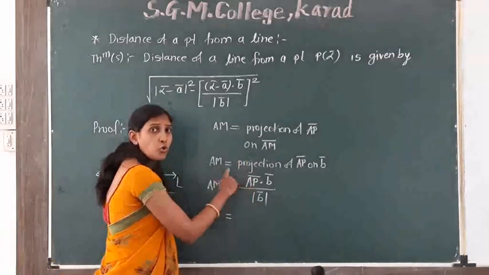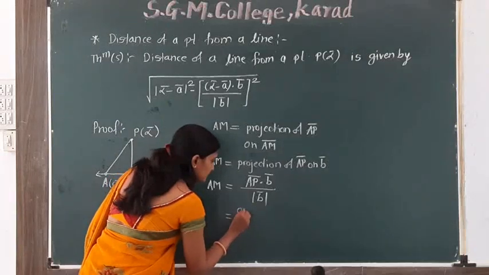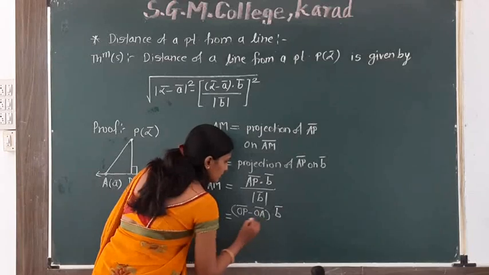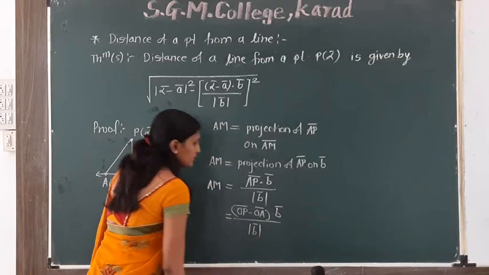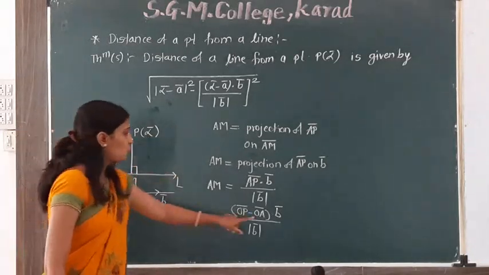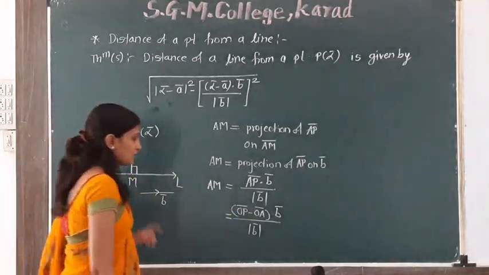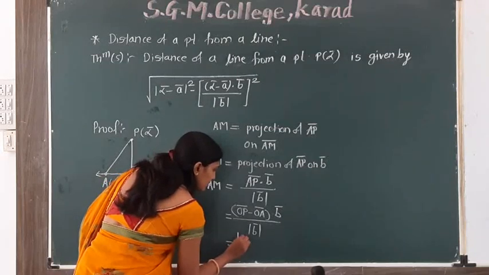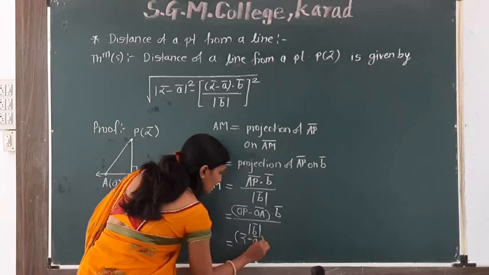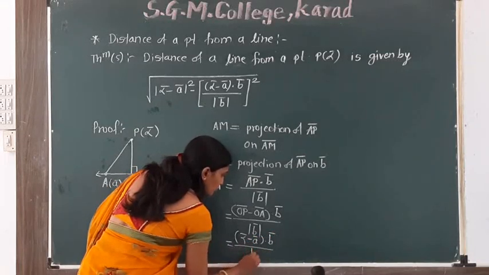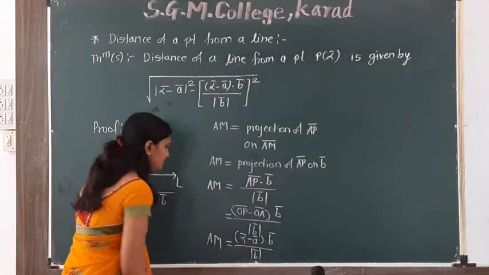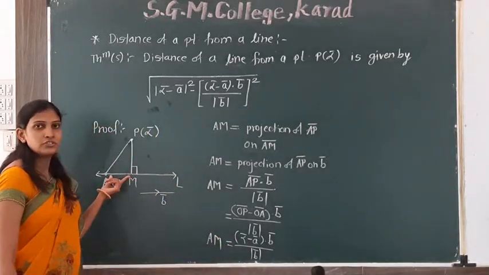AP bar means OP bar minus OA bar, so it is (OP bar minus OA bar) dot b bar upon magnitude of b bar. OP bar, its position vector, is alpha bar, and OA bar is a bar. So this value becomes (alpha bar minus a bar) dot b bar upon magnitude of b bar. This is the value of AM.